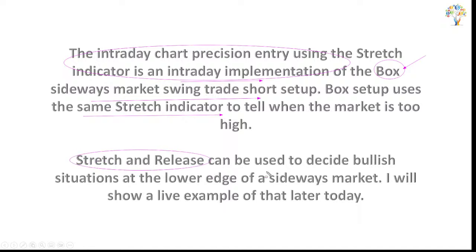Stretch and release can be used to decide bullish situations also at the lower edge of a sideways market. So everything that we do with the bullish side, we could do on the bearish side as well using the reverse indicator. I will show a live example of that later today, how we could use stretch and release to decide bullishness at the lower edge. That is too low a condition and we can turn bullish at that level.